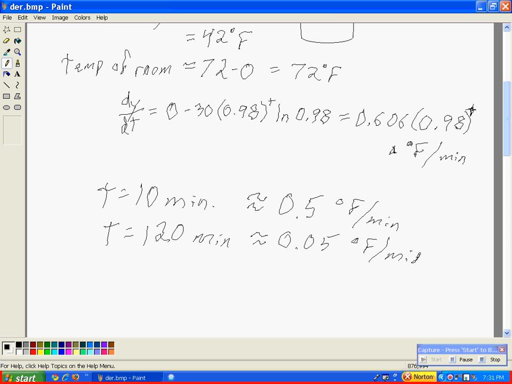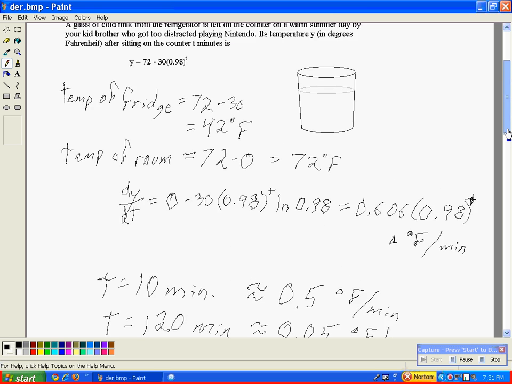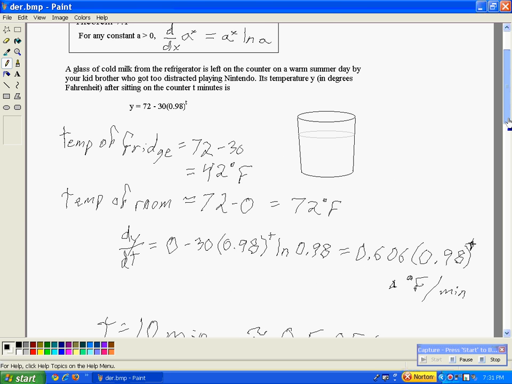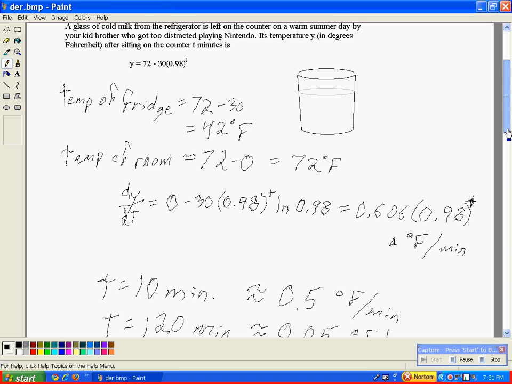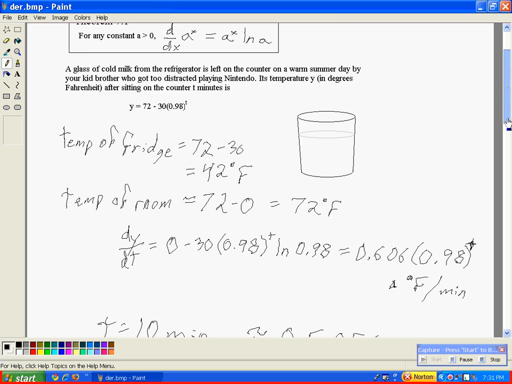What that means is, as soon as that milk comes out of the refrigerator, it's losing a lot of its cold. It's getting warmer and warmer really fast, increasing by 0.5 degrees per minute at 10 minutes.